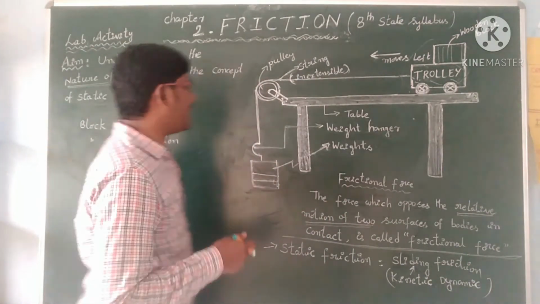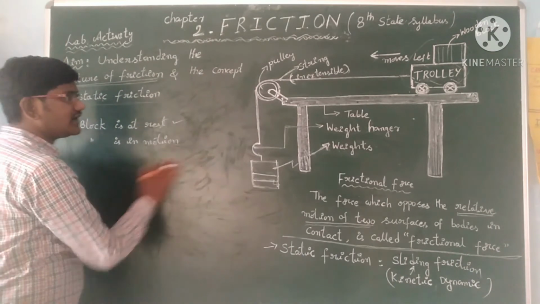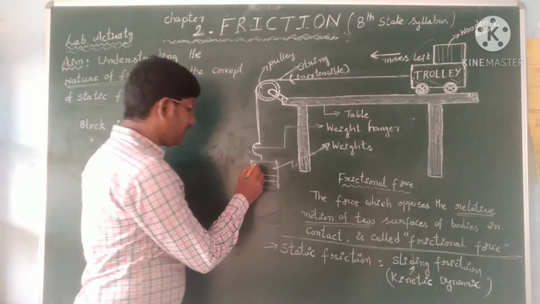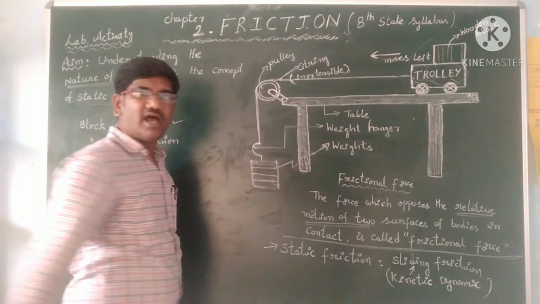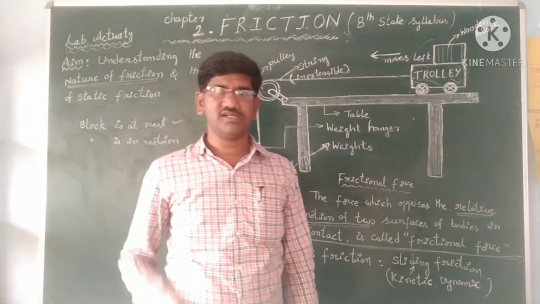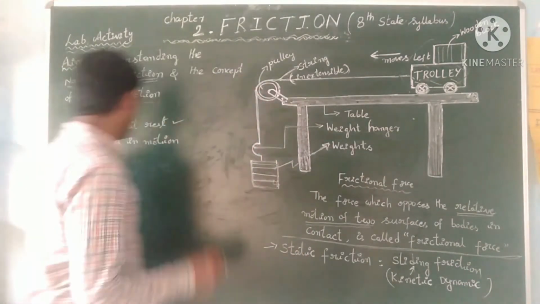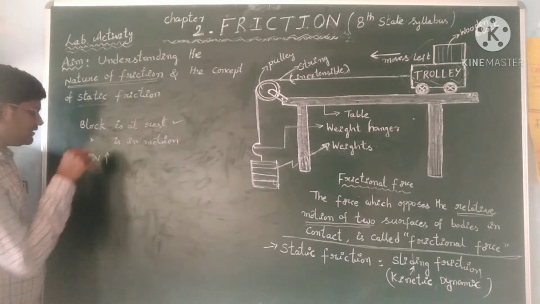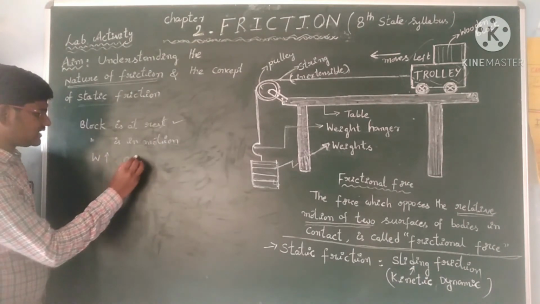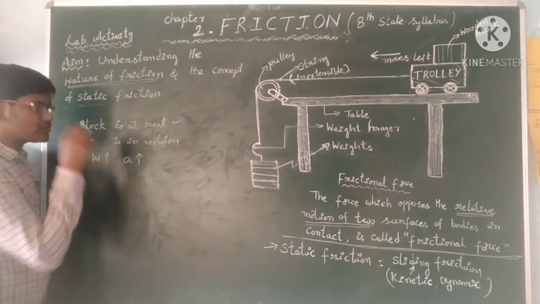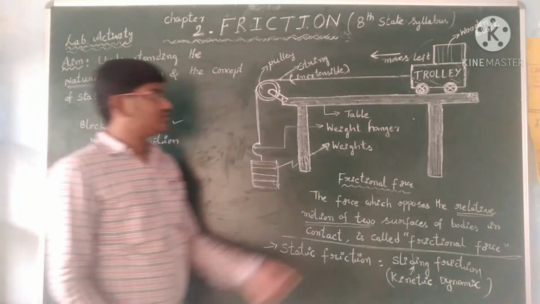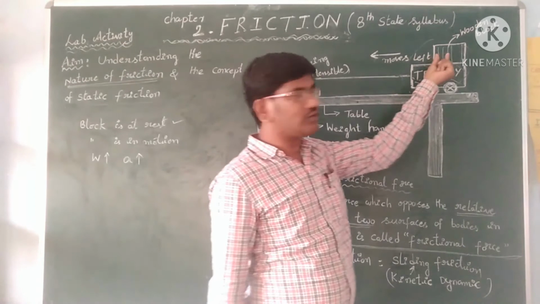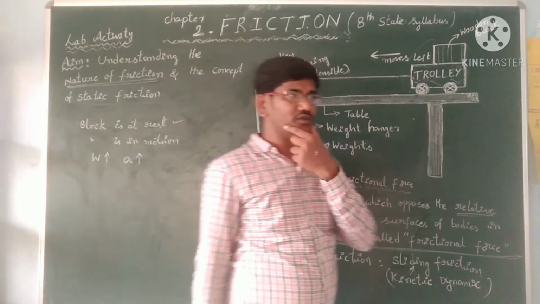Still you gradually increase the weights in the weight hanger. I observe that when I increase the weights in the weight hanger, the acceleration of the trolley along with the wooden block increases.